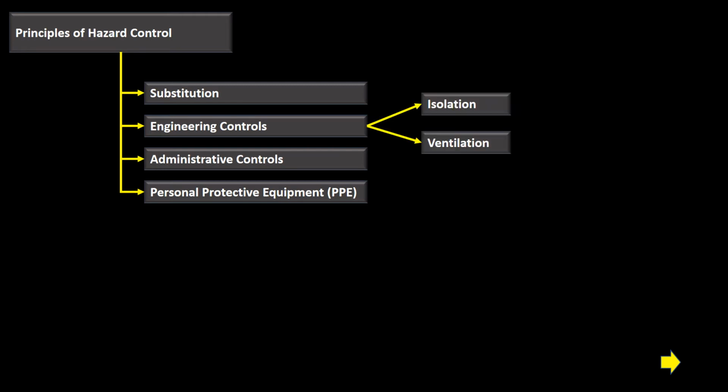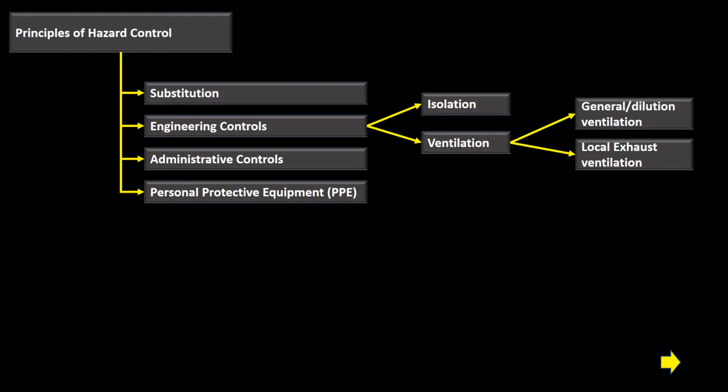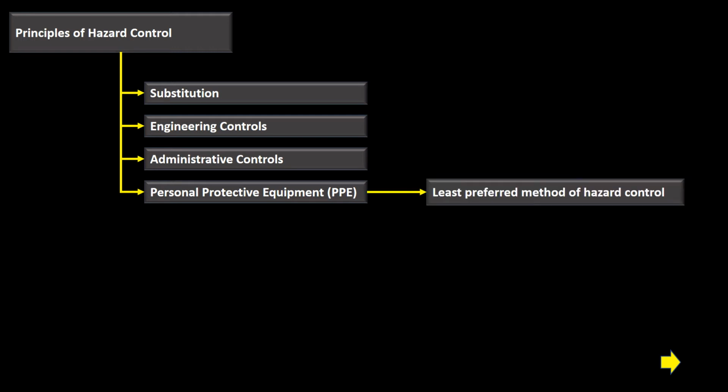Our engineering controls, we said we're going to talk about isolation and ventilation, and then ventilation even drilled down into general dilution ventilation or the preferred local exhaust ventilation. Administrative controls, that's just controlling our access or our schedules in the hazardous area. And then PPE, that was our least preferred method of hazard control, mainly because of user error, but then there's maintenance and training that goes with that as well, and it just makes it the least preferred way to deal with a hazard.